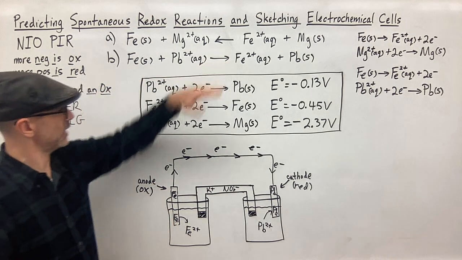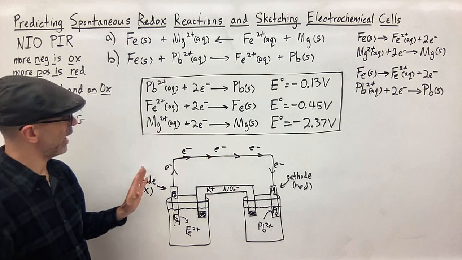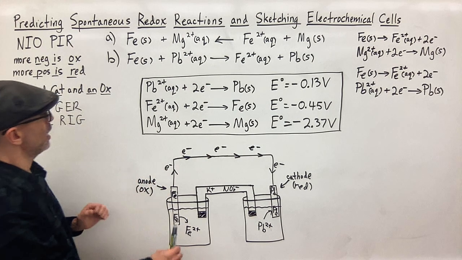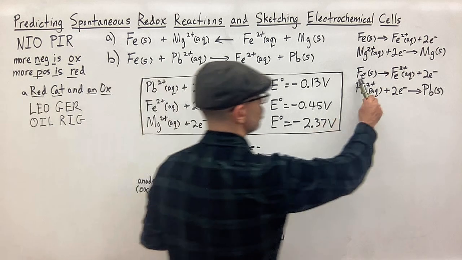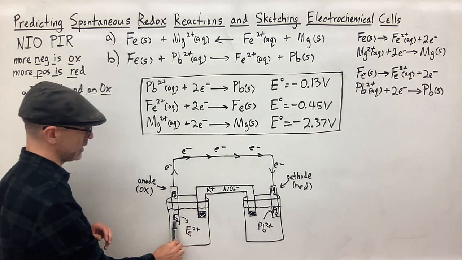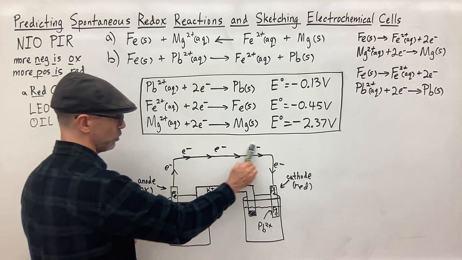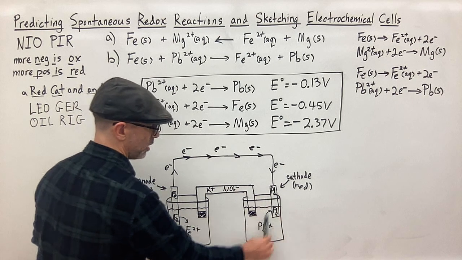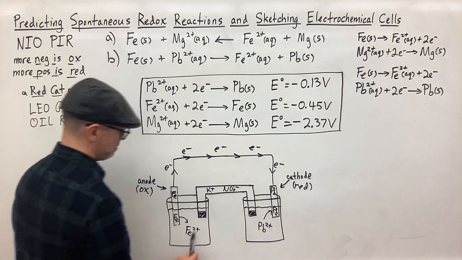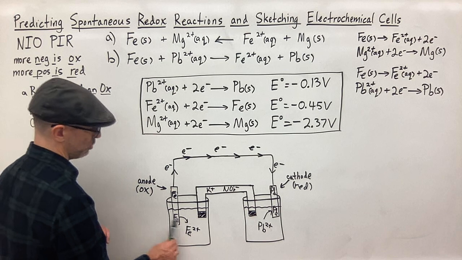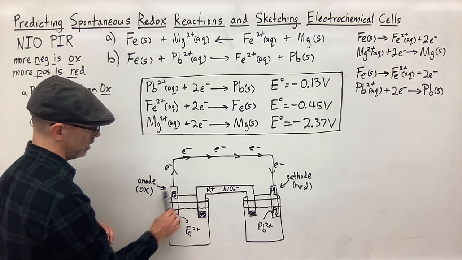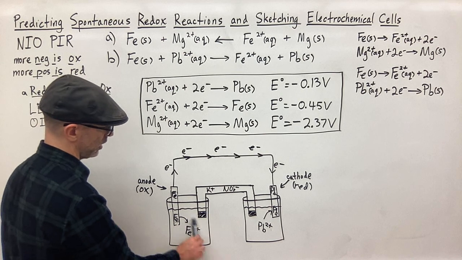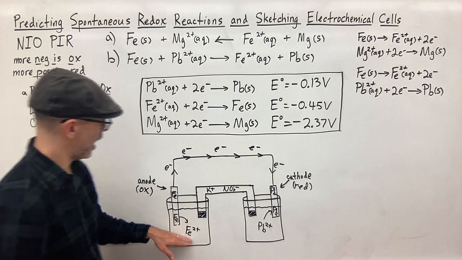So this is spontaneous. When we close the lever and complete the circuit, the lead will lose the electrons automatically, spontaneously sending electrons this way towards the cathode. And so the lead would pick them up and then form more lead. And the same thing here, the iron electrode would be losing iron atoms to form the iron ions.